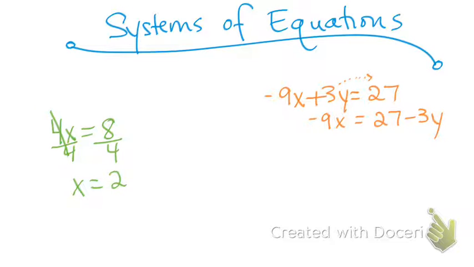And then I'd have to divide by negative 9. And I would have x equals negative 3 plus, since negative 3 divided by negative 9 is plus. It's messy. We don't really know what the solution is. All we did was shift things around to get x by itself.